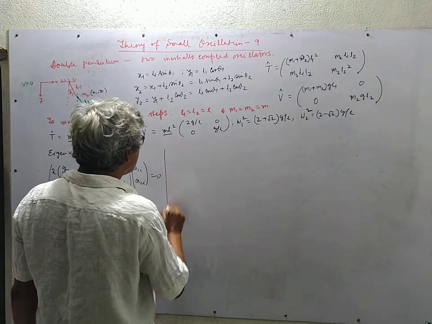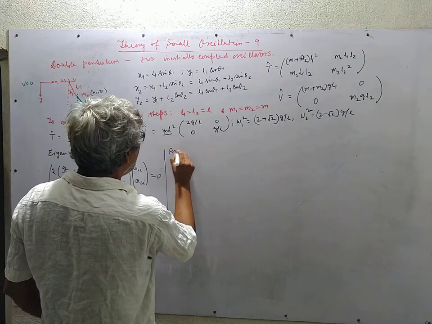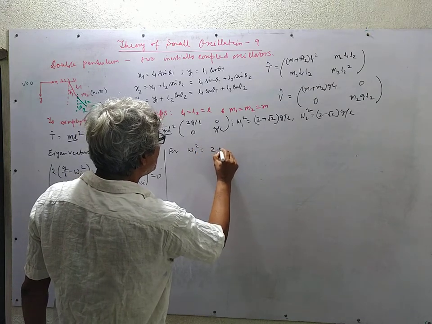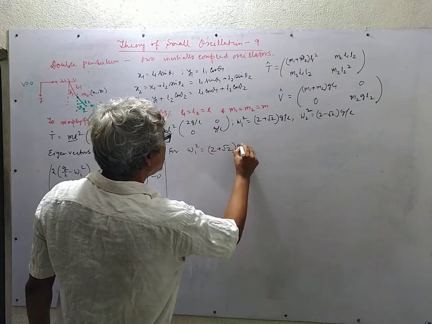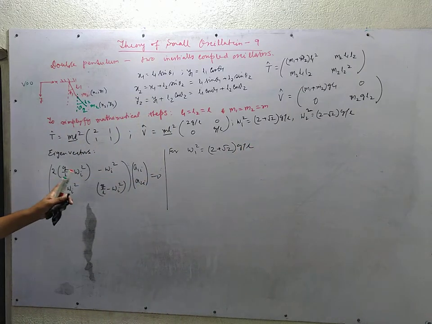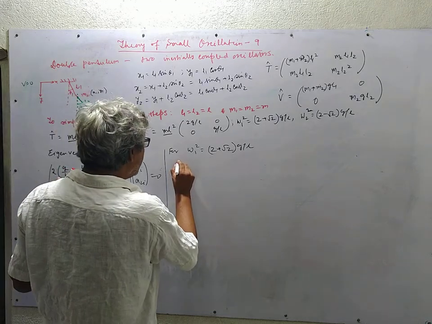So we write for omega 1 square is equal to (2 plus root 2) g by l. We see that g by l term will be everywhere, so we need not worry about g by l term.